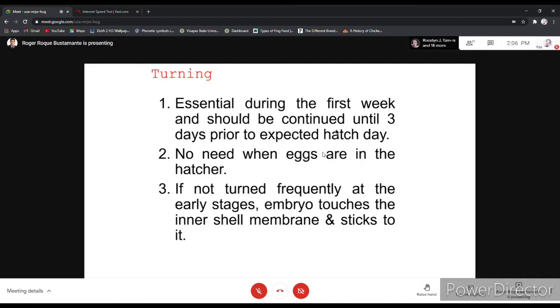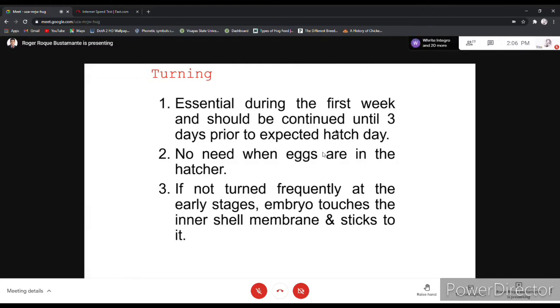The importance of turning. It is essential to do turning during the first week and continue until 3 days prior to the expected hatch day. No need when the eggs are in the hatcher. If not turned frequently at the early stages, the embryo touches the inner shell membrane and sticks to it.